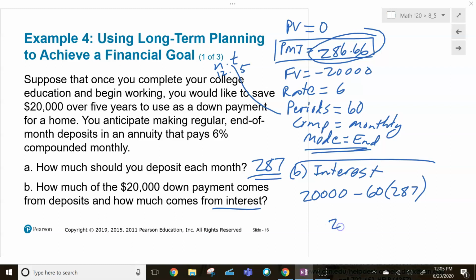This ends up with $2,780 in free money, purely from interest. Because 60 times 287 is 17,220.